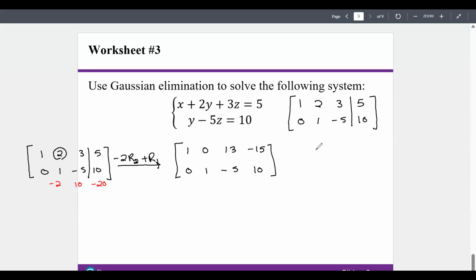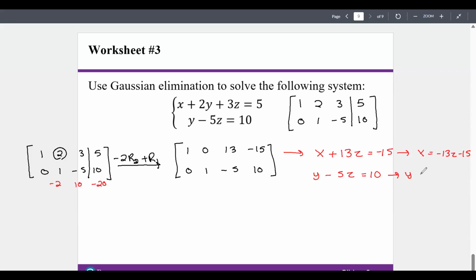Once again, we get two equations. We get x plus 13z equals -15. So we can just simply solve for x. And we get y minus 5z equals 10. So I can just simply solve for y. So x is just going to be -13z minus 15.